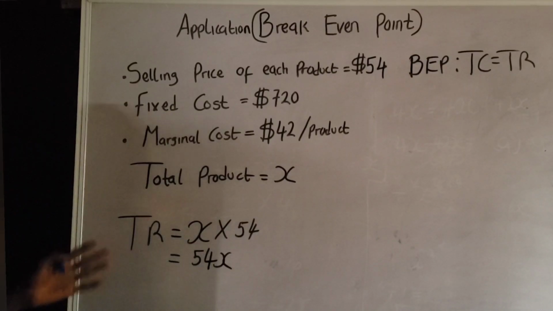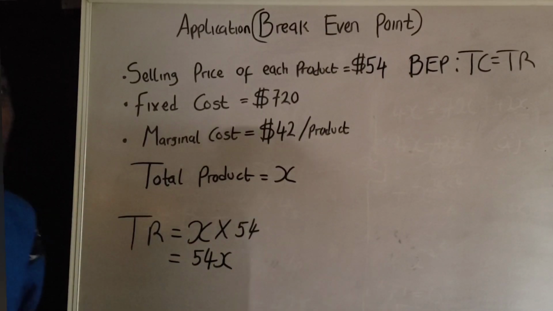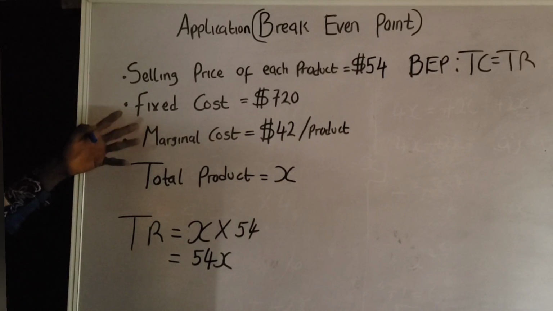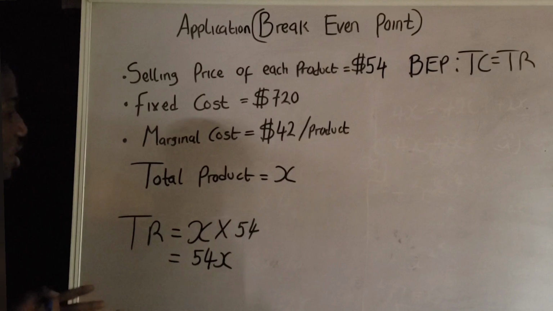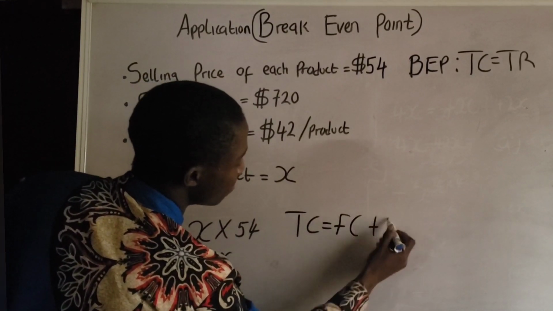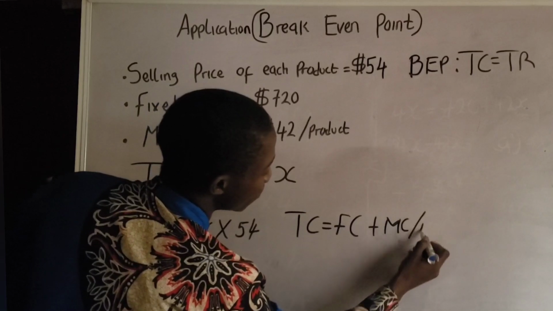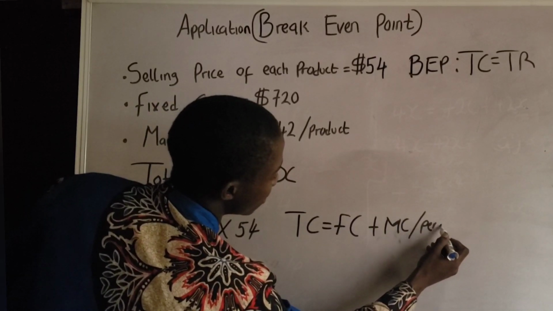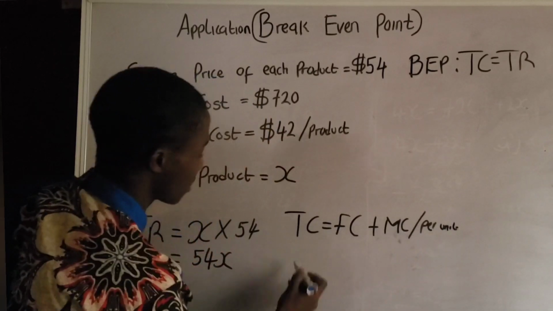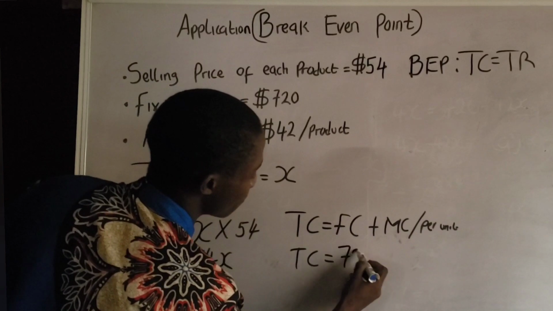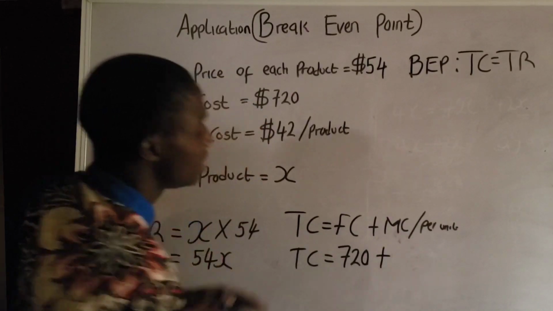Now, I have calculated the total revenue. I still need to determine the total cost. Don't forget that the costs they gave us are the fixed cost and the marginal cost that the firm incurred on each product. So the total cost is equal to the fixed cost plus the marginal cost per unit. The fixed cost is 720, so I'm going to have 720 plus the marginal cost.